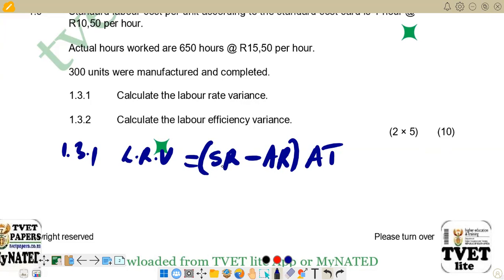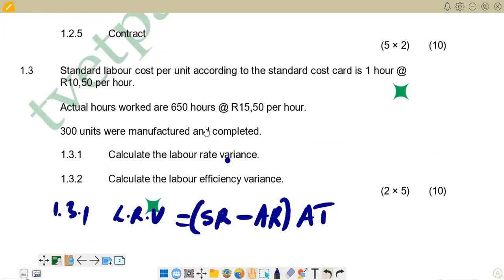So we go back to the question to find out what we have in terms of standard rate. The question says standard labor cost per unit according to the standard cost card is 1 hour at 10 rand 50.